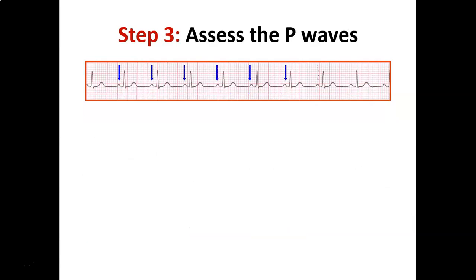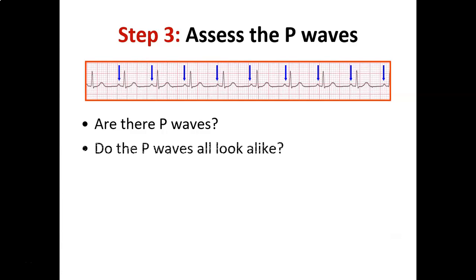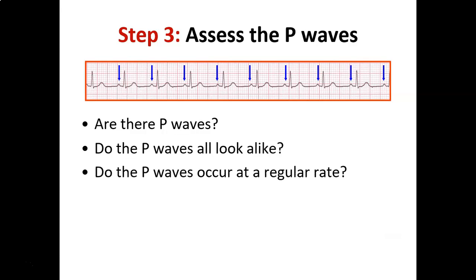Now step 3, assess the P waves. First of all, ask yourself, are the P waves available? Do the P waves all look alike? Do the P waves occur at a regular rate?